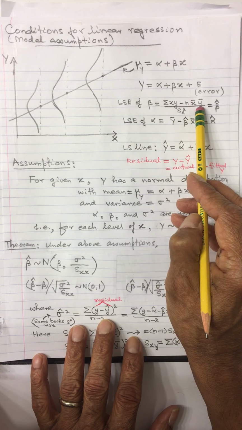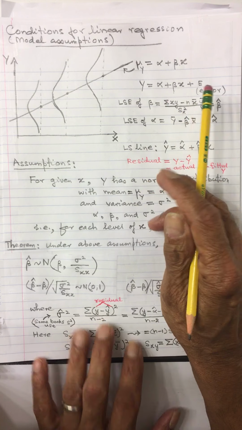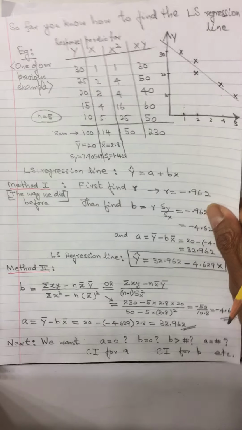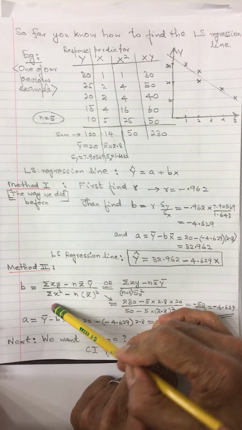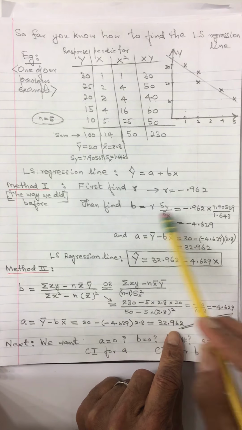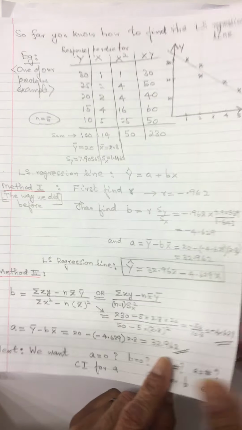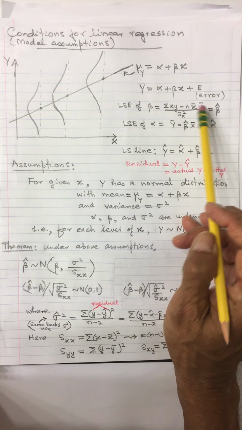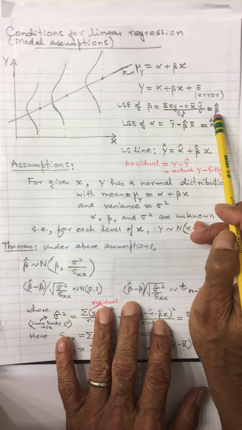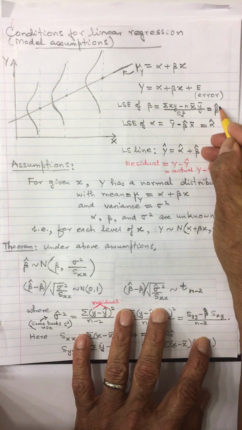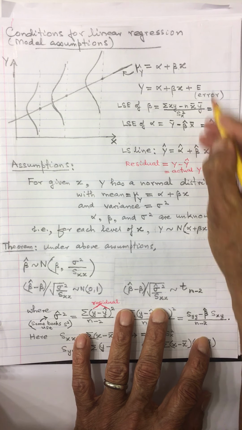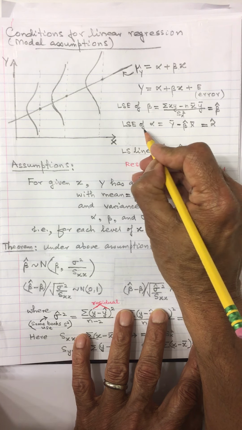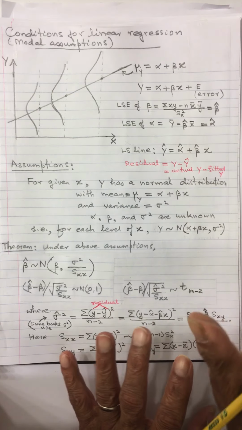I gave you 2 methods, and you can use either method. Whatever answer comes out of either method doesn't matter, it's the same answer anyway. You remember that when we talk about a parameter, we use the hat for the estimated value. I am doing the same thing now: beta hat, and for the estimated alpha, I am putting a hat.